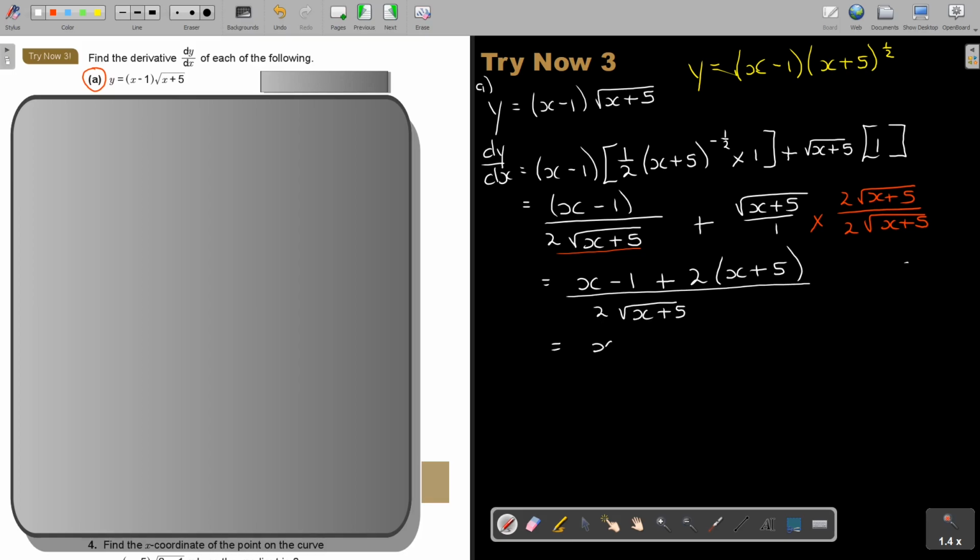So this is going to be x minus 1 plus 2x plus 10 over 2x plus 5. And x plus 2x is going to be 3x. 10 minus 1 is going to be plus 9. And it's going to be over 2x plus 5. And that's going to be my final answer.